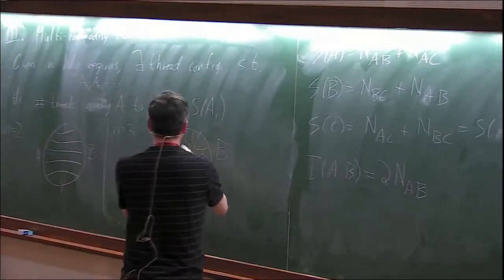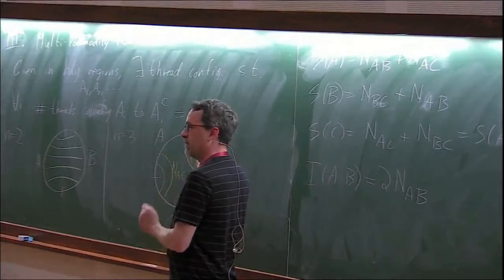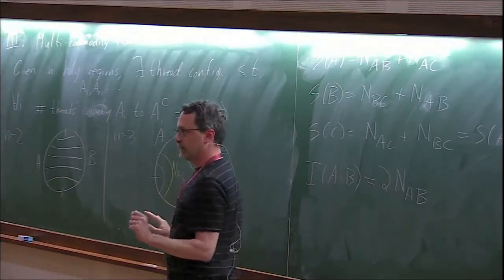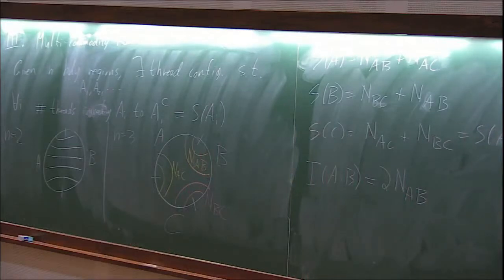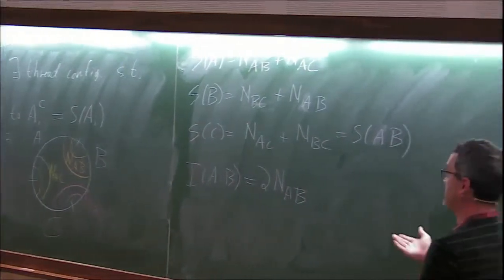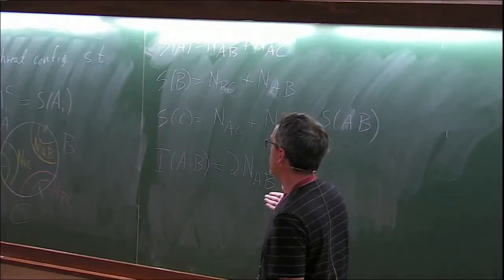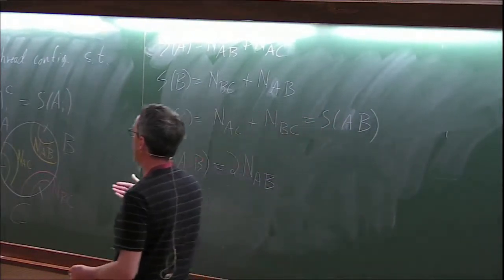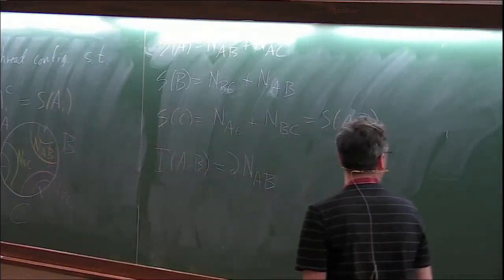It's not. There's a lot of floppiness, but the number from A to B is fixed. The number from B to C is fixed, and so on. Okay? So this is great because it's such a simple formula which directly relates the number of threads connecting A and B to the mutual information. Okay?